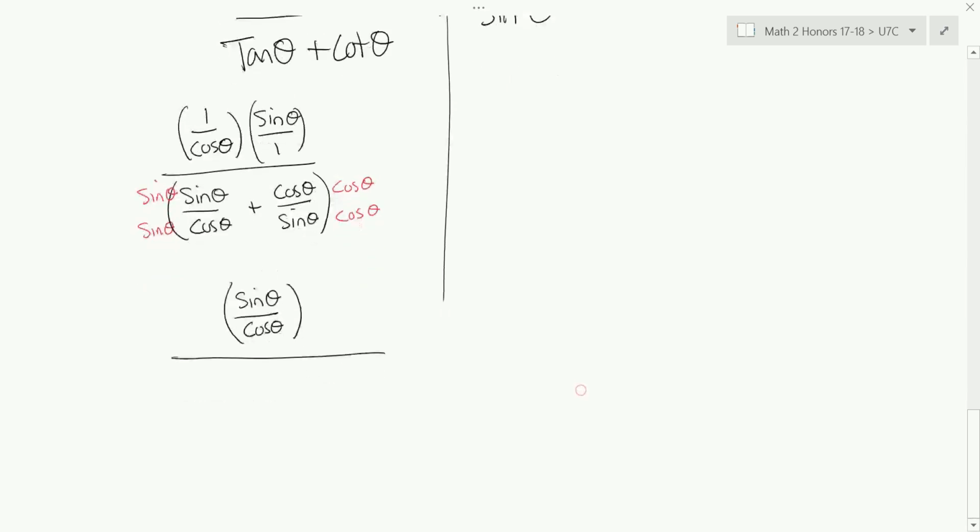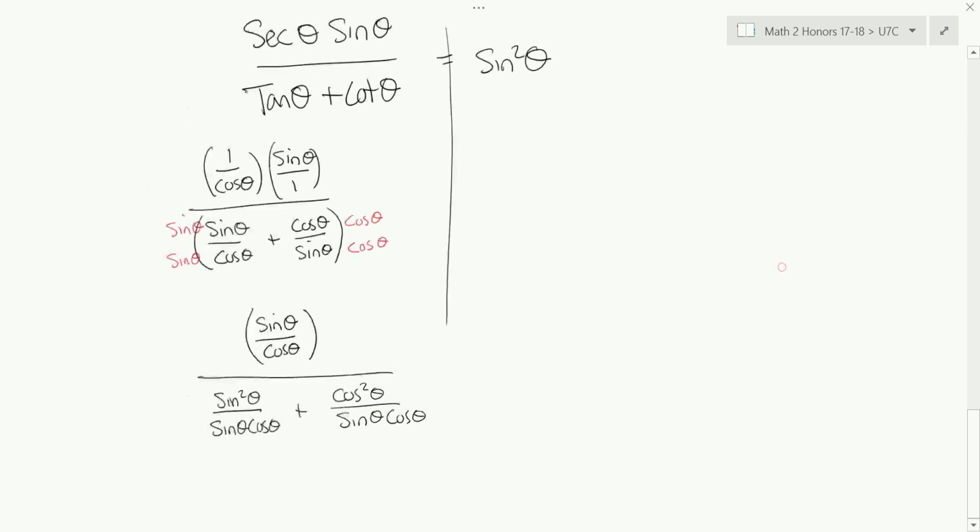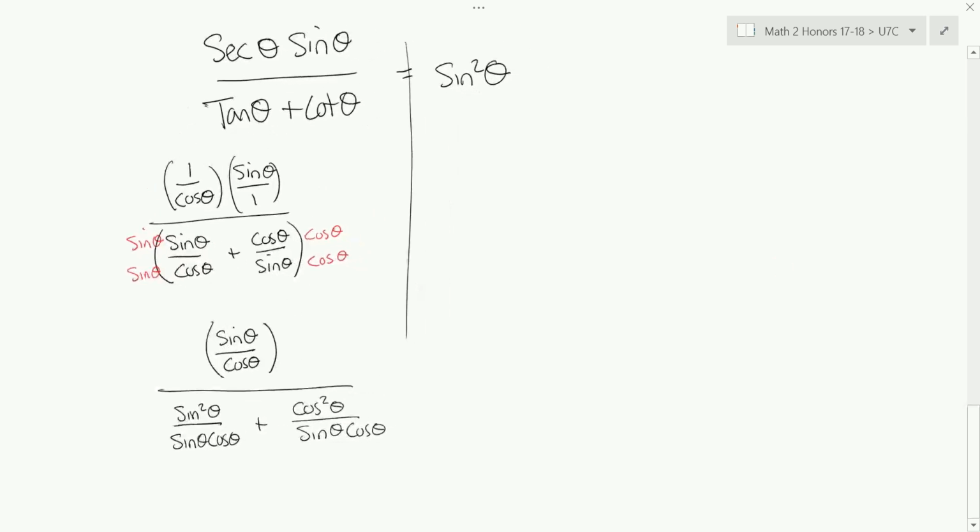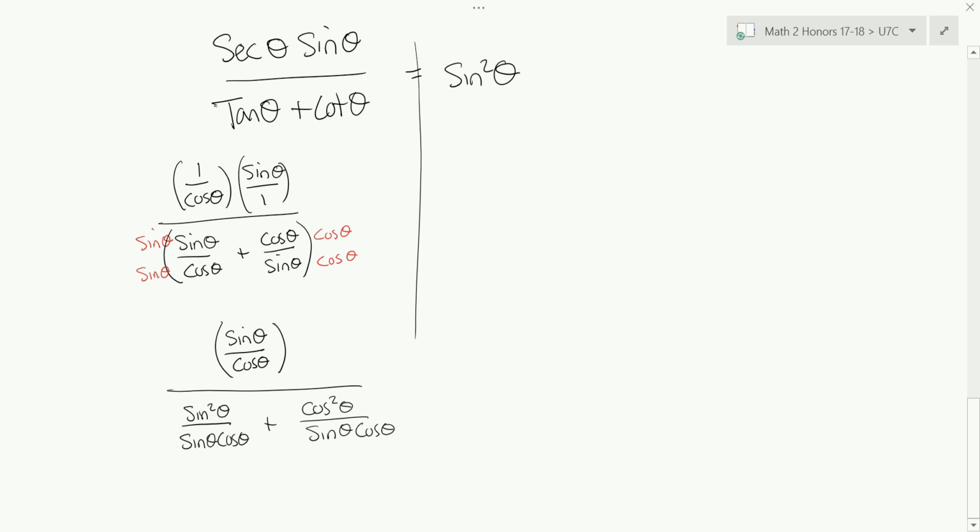So when we do that, we end up with sine squared theta over sine theta times cosine theta, plus the second fraction, cosine squared theta over sine theta cosine theta. And you may be thinking, this looks even more complicated than it started, and it kind of does look that way, but it's going to get better now, okay?